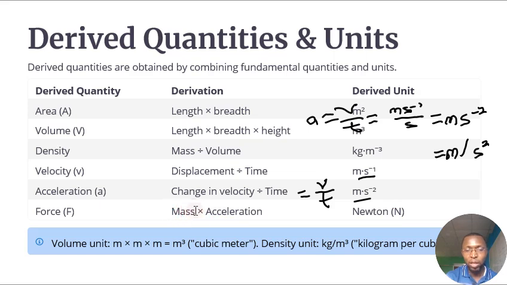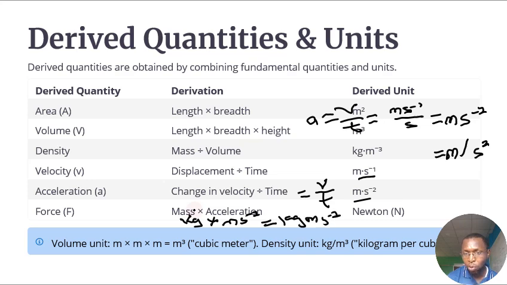We say now that since mass is in kilogram, we come here and put for mass kilogram, times acceleration, we have just obtained acceleration to be meter per second square. So times meter per second square. So this will now be equal to kilogram meter per second square.